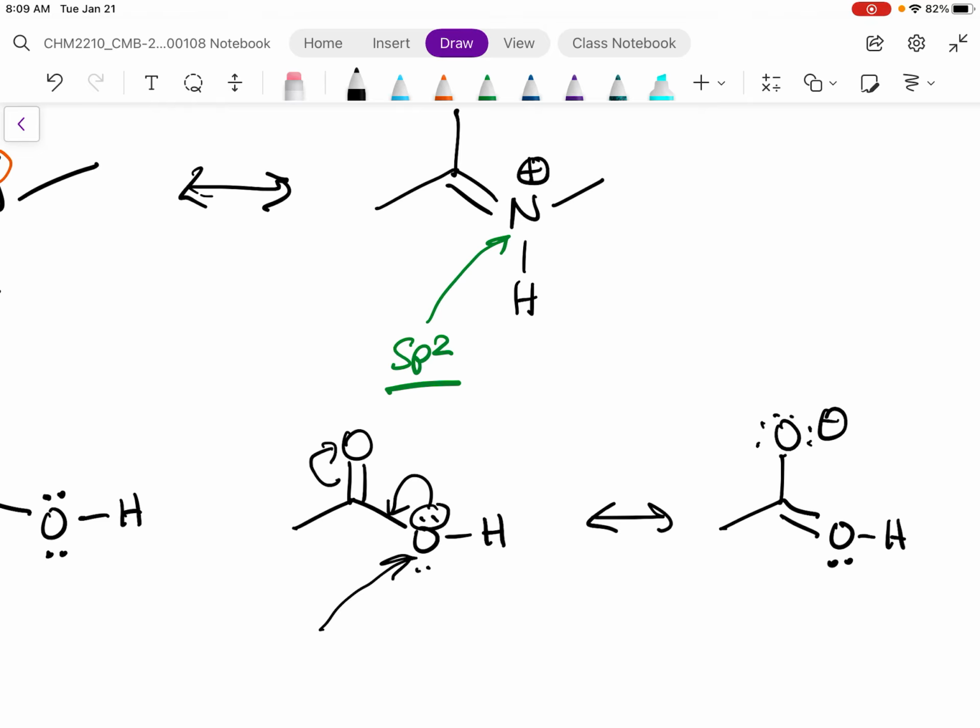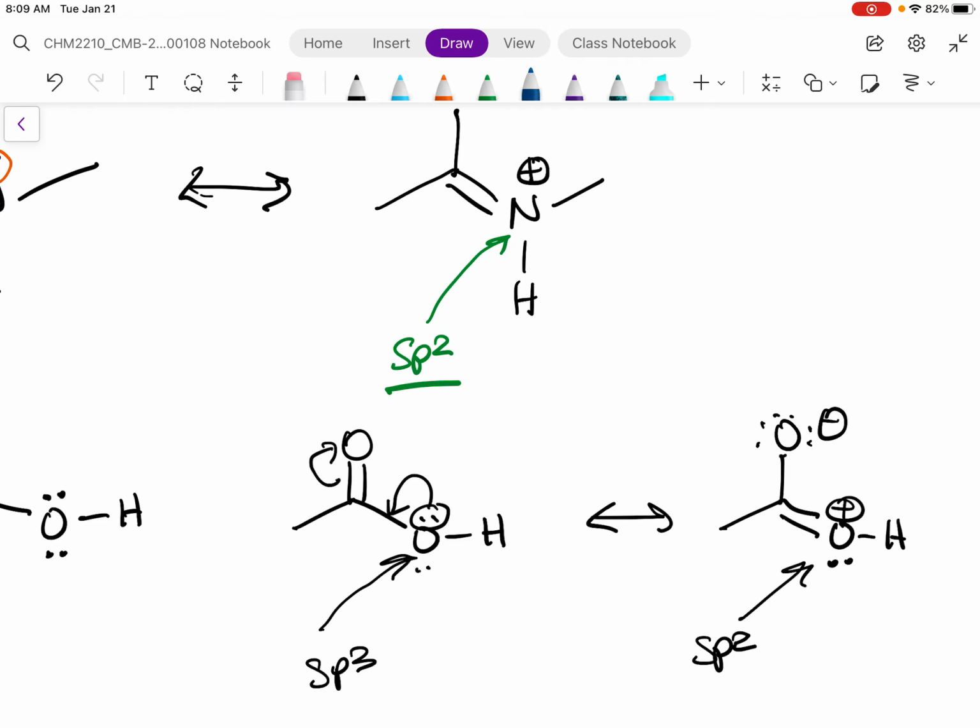So when we look at this one on the left, many of you said sp3 because there are 4 groups around it. But you didn't ask the question, are these localized or delocalized? They're delocalized, and so now what's the hybridization state of that oxygen? You clearly see that it's sp2 because there are only 3 groups around it. So sp2 only.